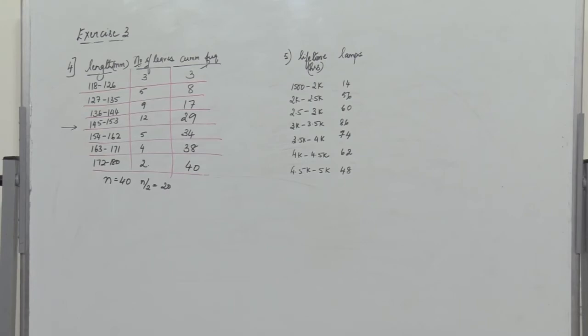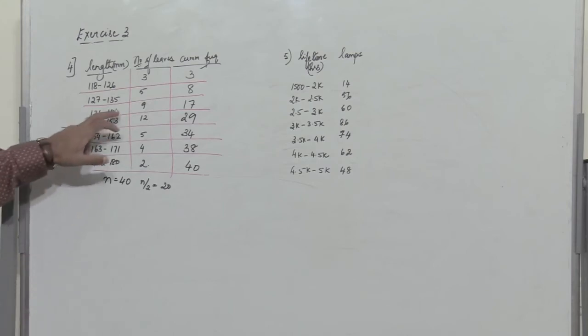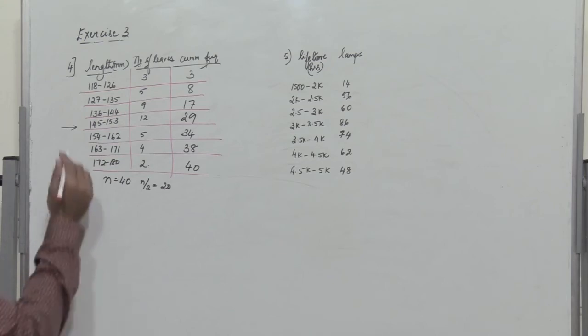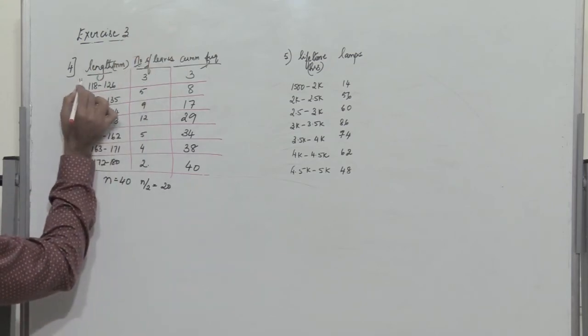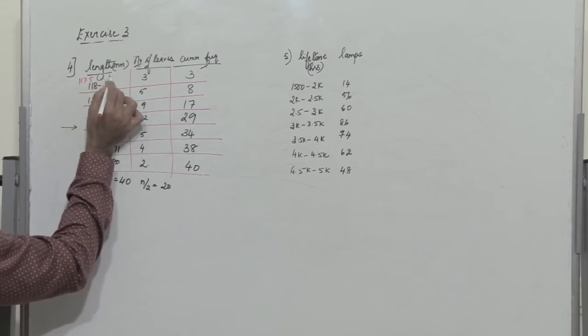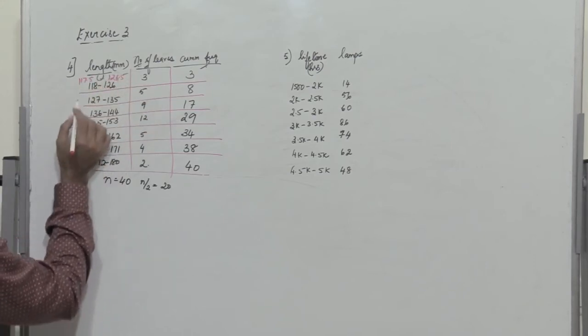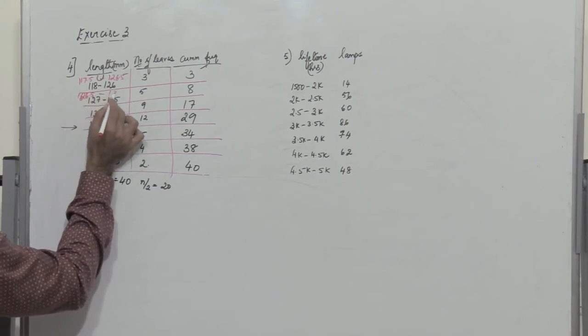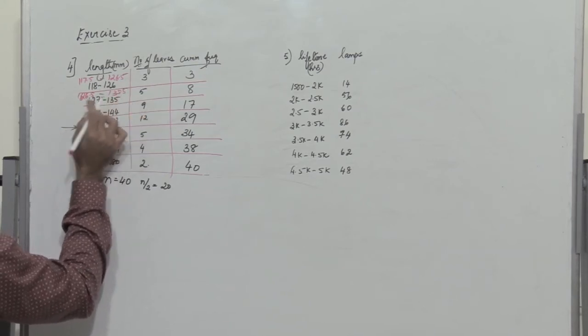But what has to be noted is the class intervals are not continuous. So I find that there is a break between 144 and 145 here. So in order to avoid this break, what do we do? Let us modify the class interval, right? So we can modify this class interval as 117.5 to 126.5, 126.5 to 135.5.